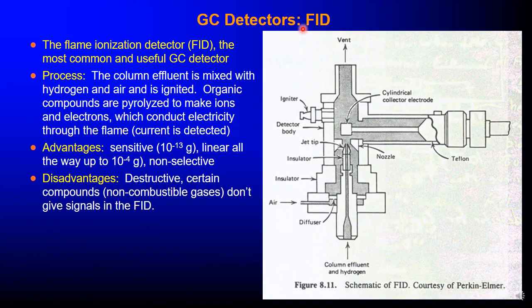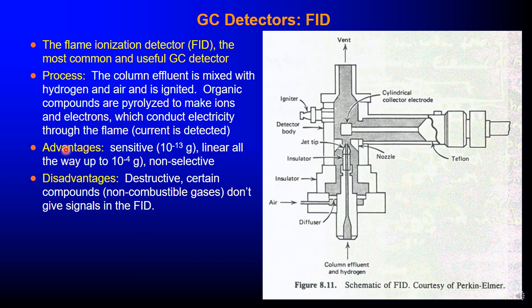So the flame ionization detector is the most common and useful gas chromatography detector. Here the column effluent is mixed with hydrogen and air and is ignited. Organic compounds are pyrolyzed to make ions and electrons, which conduct electricity through the flame.